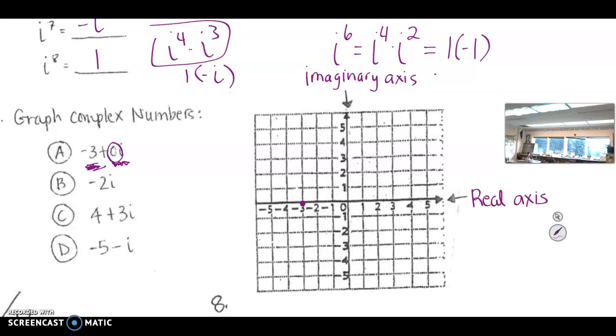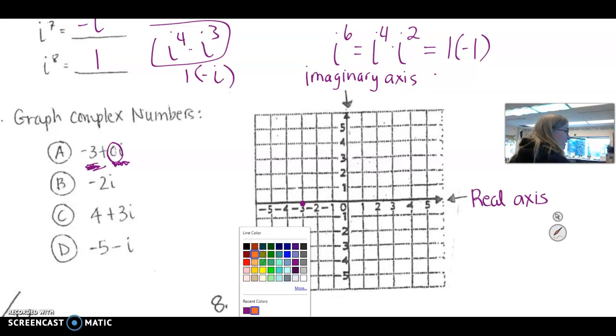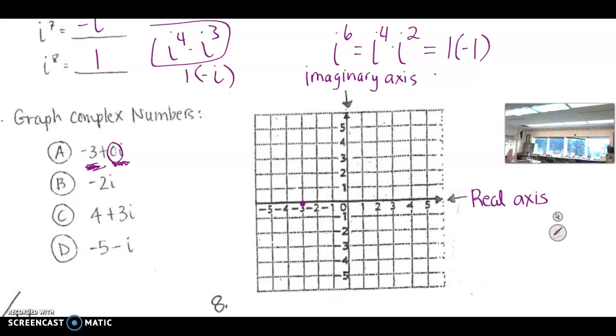What am I going to do for b, where it's just -2i? How far do I move left or right? Zero, because this can be written like this. And then you move down 2i on the imaginary axis. Yep, you're just going to go down 2 on the imaginary axis.